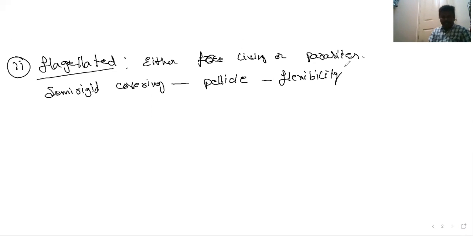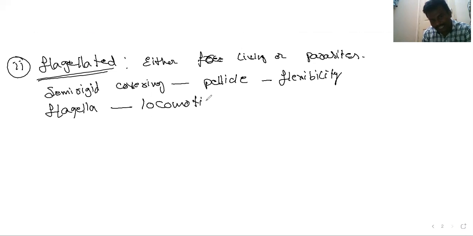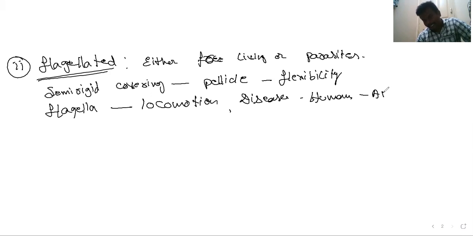Flagellated protozoans have long hair-like structures called flagella. Flagella help in locomotion. The parasitic forms cause diseases, especially in humans and animals.